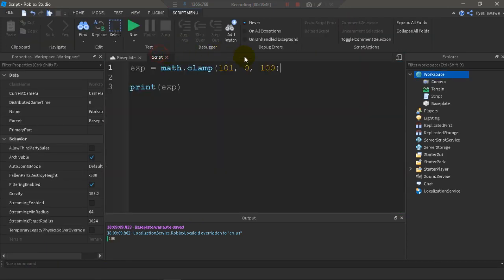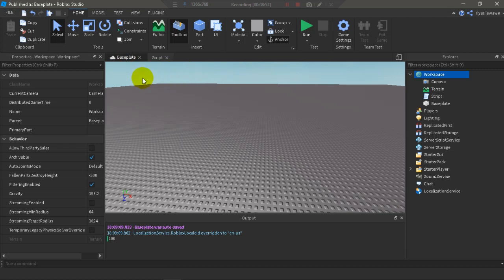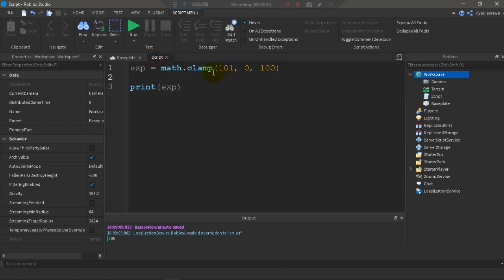And this is actually used in a lot of operations, especially if we have a bar, like a health bar, that should not get out of 100%, because if it does, the bar is going to go crazy and it's going to be a bug. So we don't want that, so we should make sure to limit it.